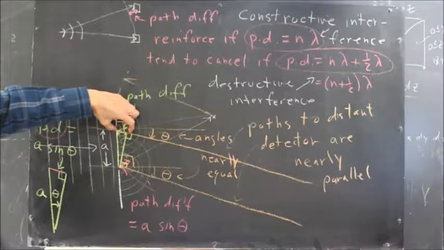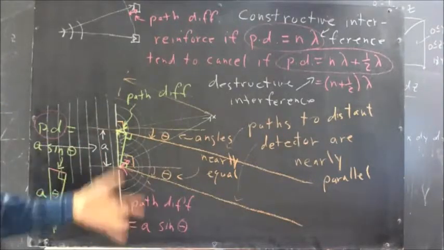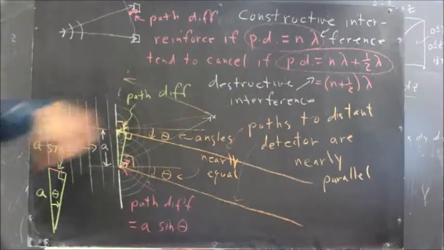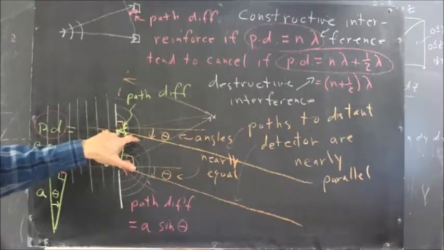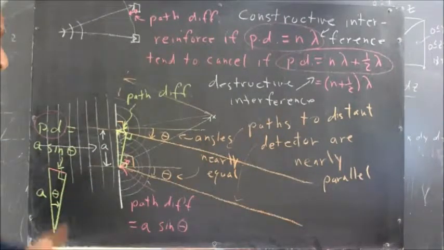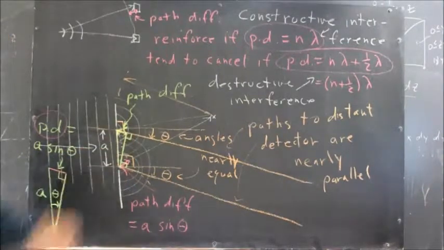So that now this is going to be 1.5 cycles behind this one, and again, you're going to have valleys meeting peaks. Make the angle a little bigger, this distance gets bigger, and now you're 2 wavelengths out of phase, and peaks are going to be meeting peaks again. You're going to have constructive interference once more. So you should understand that.